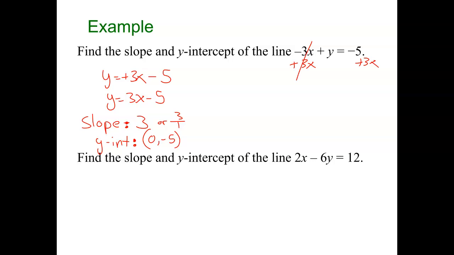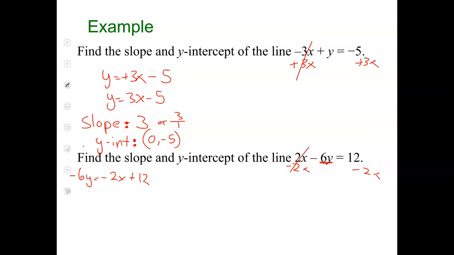Now, what do we do to get y by itself? Subtract 2x. Okay? We want to always get this term by itself first before we do anything else. So move all the other terms away to the side. So we're going to subtract 2x. It's going to move that term. So negative 6y equals negative 2x plus 12.